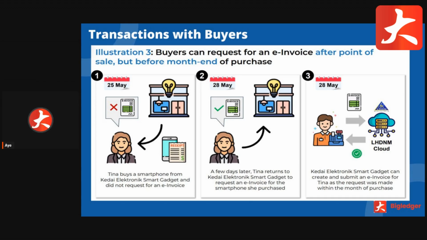So just now I already explained this part. So this is the example, like Tina buys a smartphone from Kida Electronics Smart Gadget and did not request for an e-invoice. Then a few days later, Tina returns to Kida Electronics Smart Gadget to request an e-invoice for the smartphone she purchased on 25th May, but she went to the store and asked on 28th May.